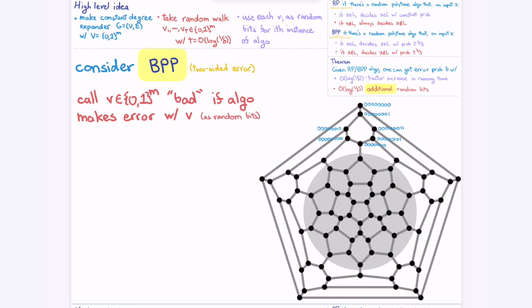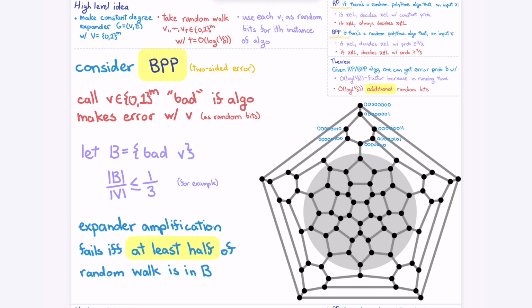Less than half the bit strings are bad. You want to be in the bad set less than half the time because you're going to take a majority vote, right? So half the time you've got to be good. So let's say it's 1/3 or something, and you want to make sure that at least half of your random walk is in the good region. It'll fail only if half the random walk is in B.